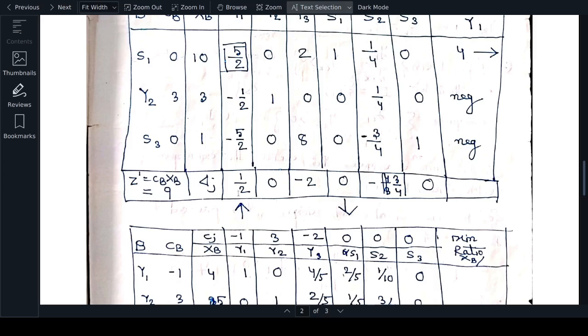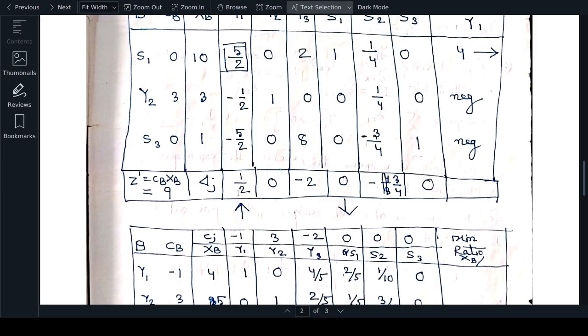Third row, how to replace 1? 1 is replaced by 1 minus 5 by 2 into 10 divided by 5 by 2. So 11. Next one is 0 automatically. Next 0 element is 0 minus 5 by 2 into 0 divided by 5 by 2, so 0.